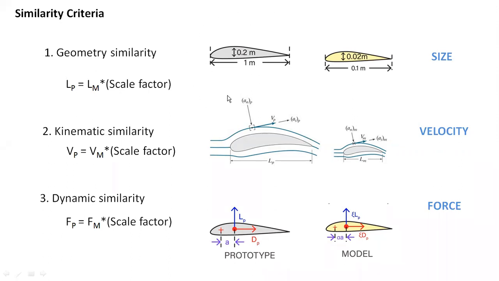In such a case, you always work with a scale model, a scaled down model. And the main similarity criterion is geometry similarity. All dimensions of your model must be scaled down by some scale factor.